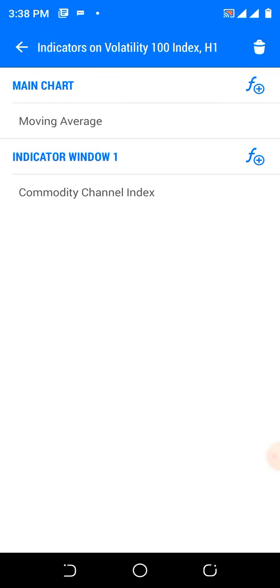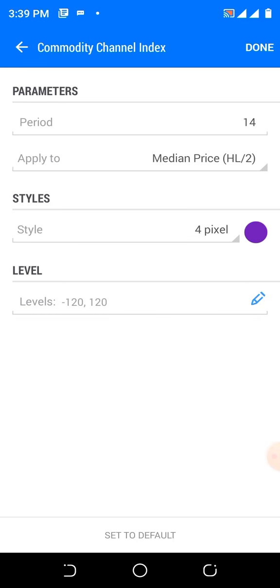The second indicator is commodity channel index. Period is 14. Apply to median price. The levels are minus 120 and 120.